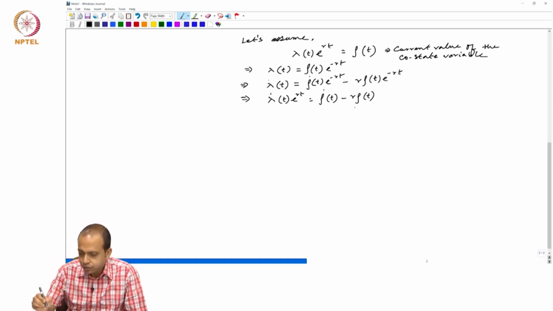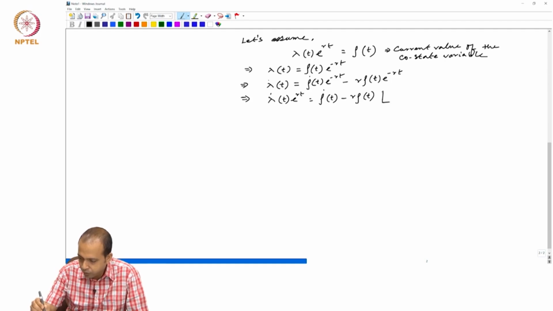Okay. How are we getting it? Multiplying both sides by e to the power r t.